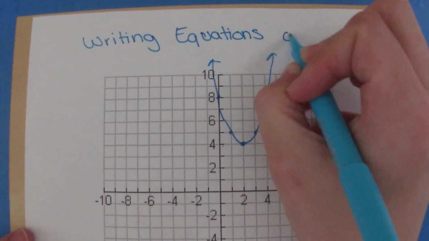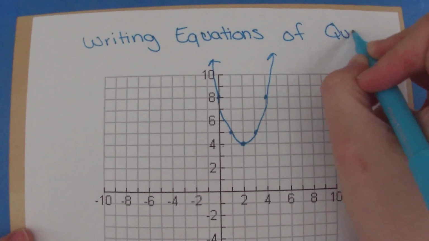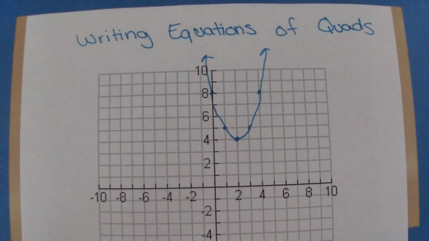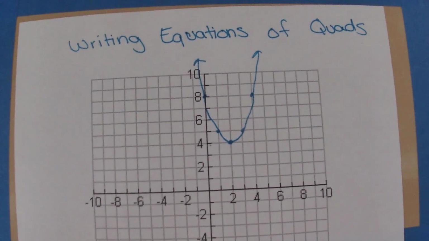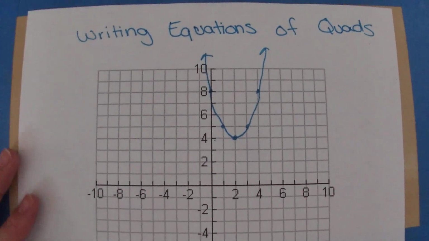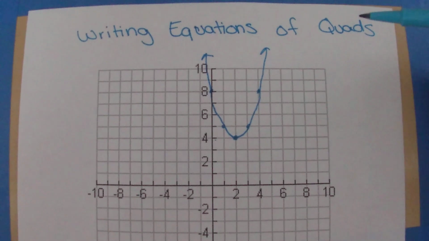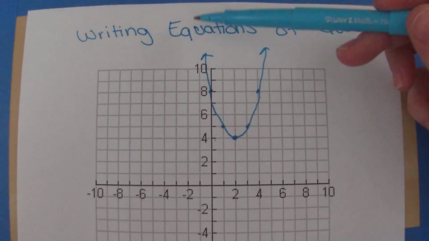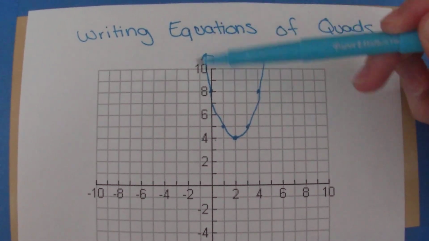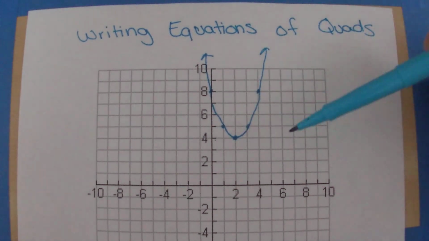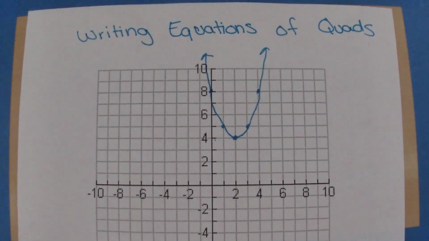And everything that we're looking at today, we're going to be writing the equation of a quadratic in vertex form. So you'll be given a graph similar to this parabola that we have here. We will know just by looking at it that this is a quadratic because it is a parabola. That U shape means it has to be a parabola.